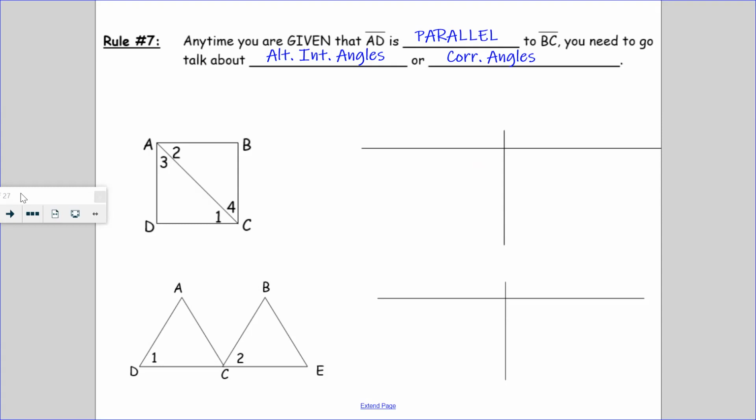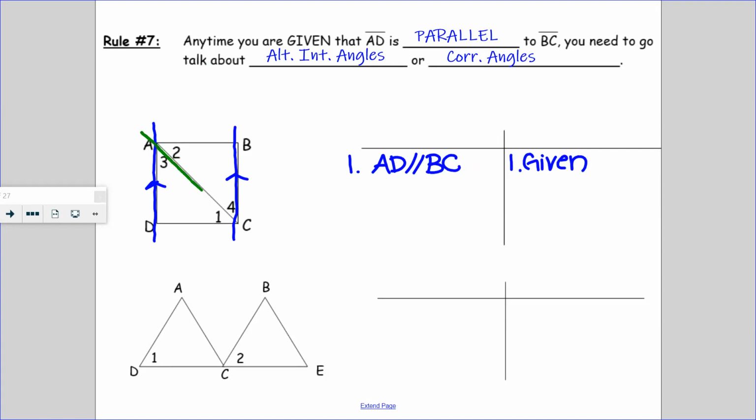So notice here it says AD is parallel to BC, and that was given to us. You have to be extremely careful here. So here's AD, that's parallel to BC, and then you've got a transversal that connects those two parallel lines.